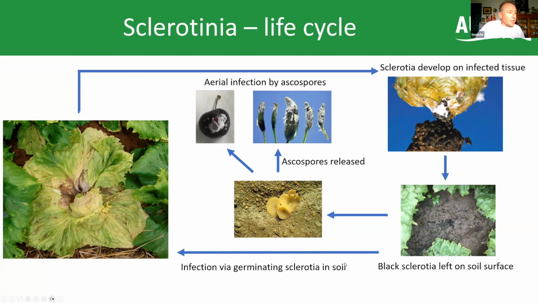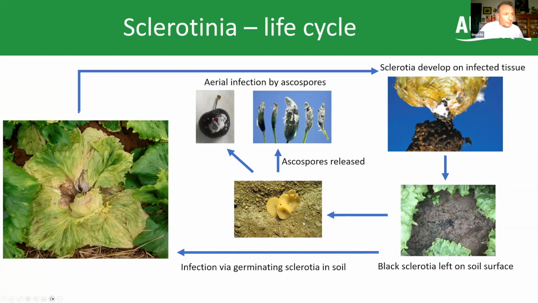Now, from that, you can either get infection of the new crop or the neighbouring plants via the germinating sclerotia in the soil, which can further cause disease. So it just produces that white woolly hyphae, which grows across the surface and will attack the neighbouring plant through the base of the stem or through the root system.